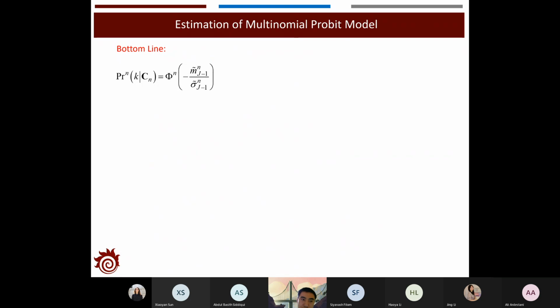So to do the calibration, we have to rely on all the calculations we mentioned previously. For now, we know the formulas for the probability to choose the alternative k, and it actually follows the normal distribution with the mean of mj minus 1 tilde and the variance of sigma j minus 1 n tilde. In order to calculate this probability, you need to find out the value of theta and the value of the covariance matrix for the epsilon values.